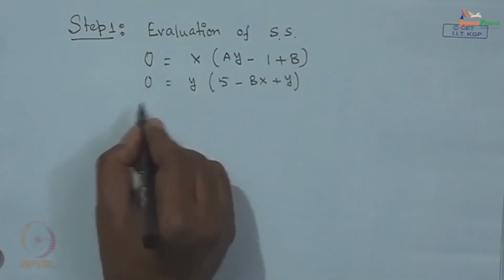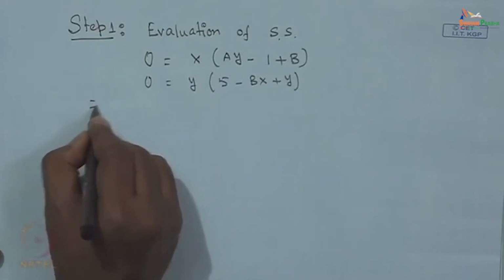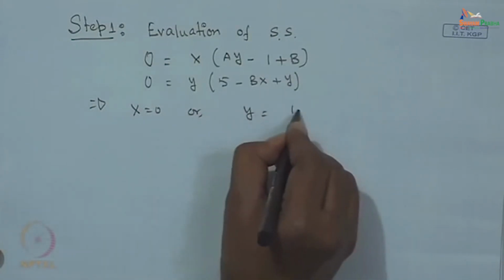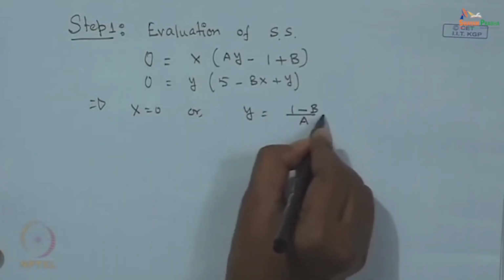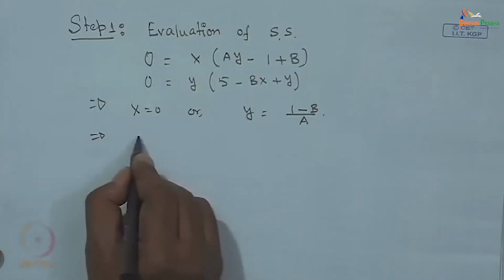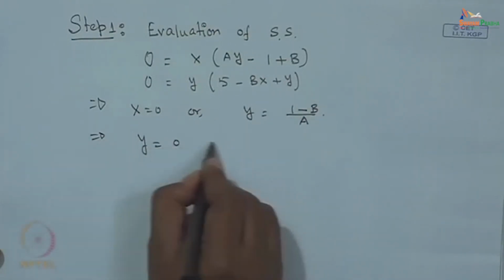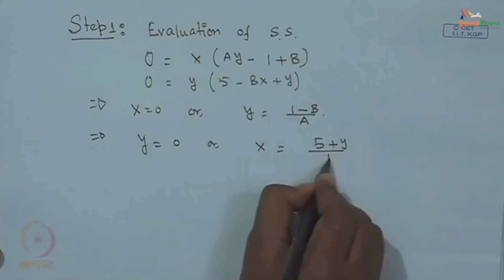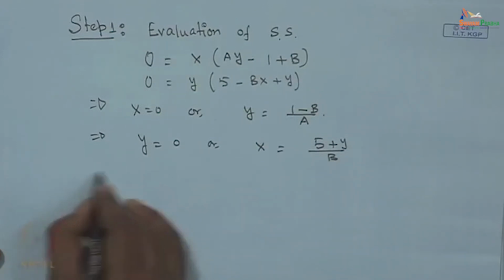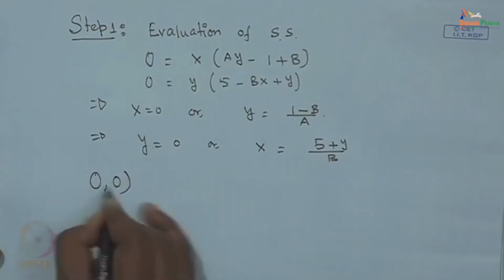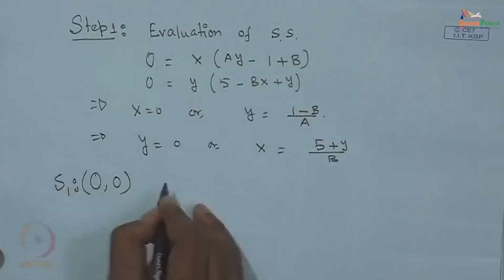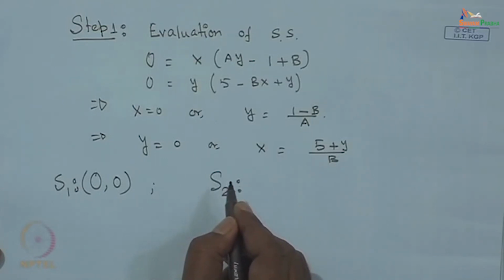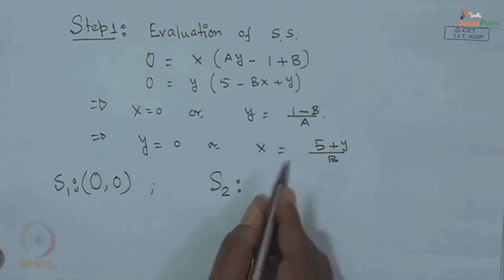So, the first equation will give you the solution x = 0 or y = (1 - b)/a. From the second one, you will be getting y = 0 or x = (5 + y)/b. So, (0, 0) is one steady state.